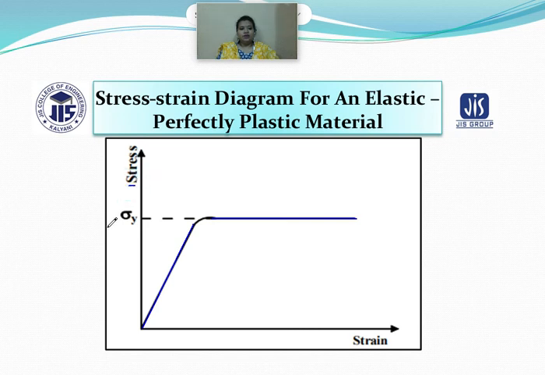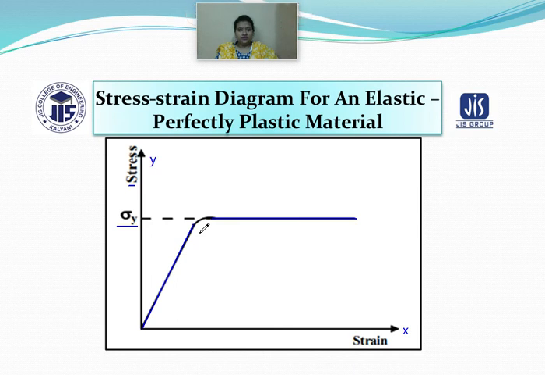and sigma y is represented by stress along the y axis, and this is your strain. Again, I must say stress has been considered on the y axis and strain on the x axis. In this particular figure, you will be able to see that to some extent stress is proportional to strain.